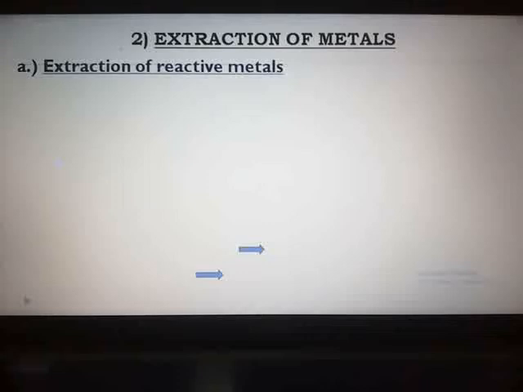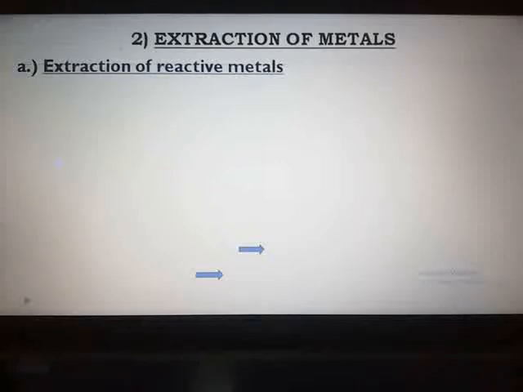As I have told you, we have studied the reactivity series of metals in this chapter. All metals are not equally reactive. Some are very reactive, some are moderately reactive, and some are less reactive. For each type of metal, different extraction techniques have to be utilized.